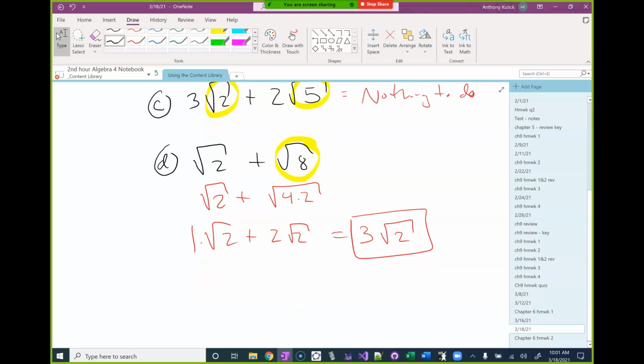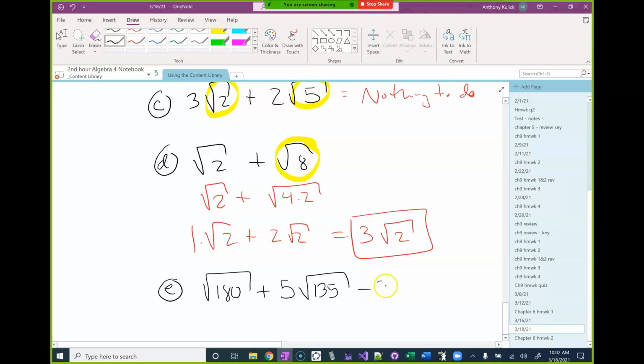So let's say we have the square root of 180 plus 5 square root 135 minus 2 square root 80.